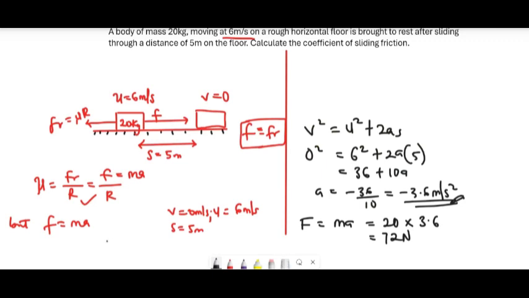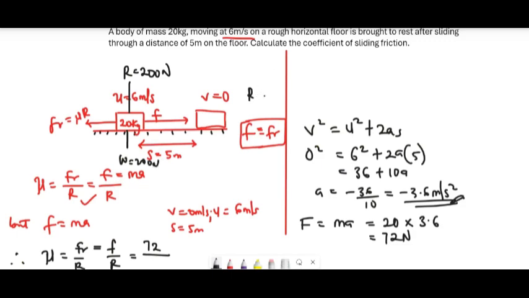So therefore, what will happen to my mu? Therefore, I can have my mu to be equal to Fr over R, still the same thing as F. Does that make sense? So what am I going to have? I'm going to have 72 over my normal reaction. My normal reaction is given as 200 newtons, because 20 times 10, since my weight is equal to 200 newtons, that's your mg, right?